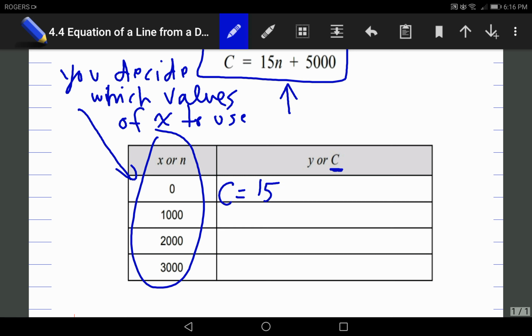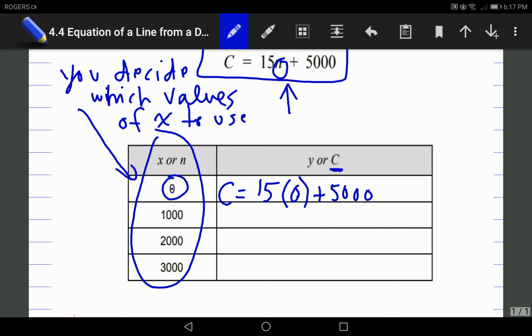Now, next is my N, which is the number of t-shirts. Well, my N here is 0. Okay, let's say I sold 0 t-shirts. So it'd be 15 times 0 plus 5,000. I'm basically just plugging the 0 in for N right there in my equation.